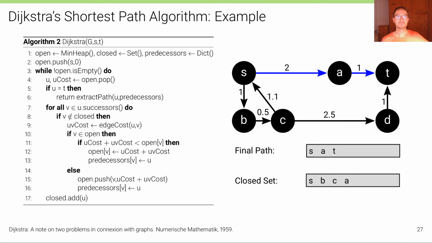Dijkstra's algorithm is guaranteed to find the shortest path, in this case S, A, T, which has a distance of 3.